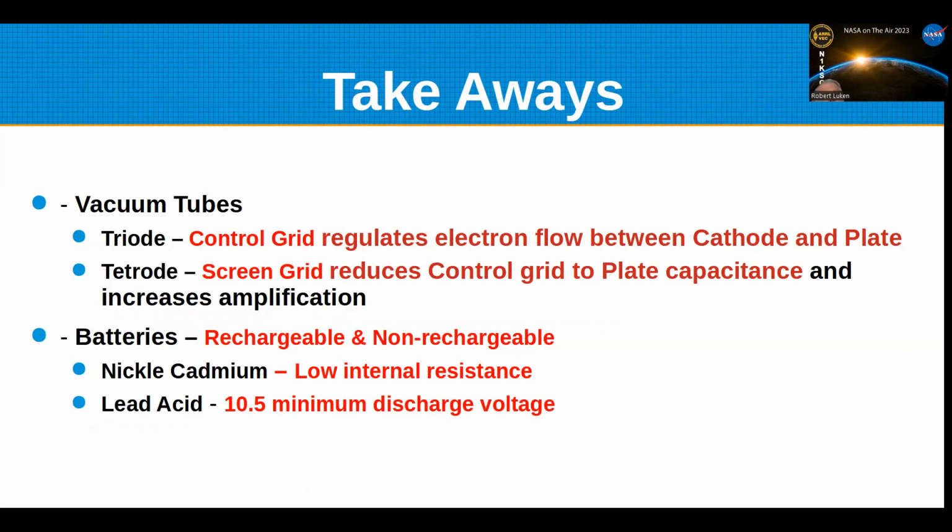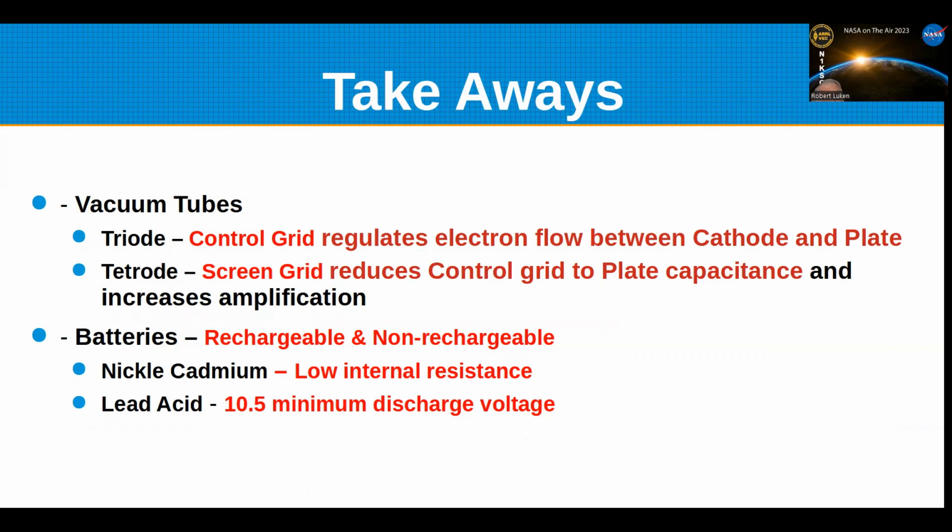For vacuum tubes, the control grid in a triode regulates the electron flow between plate and cathode. I should say cathode and plate because it goes that direction. The tetrode, we added a screen grid to reduce the capacitance between the control grid and the plate.